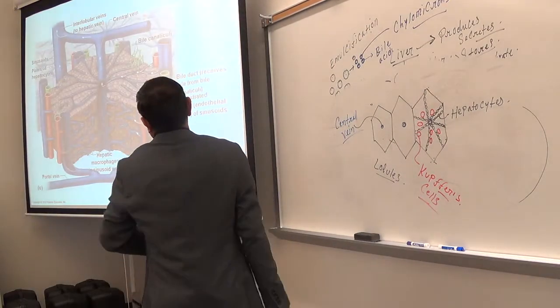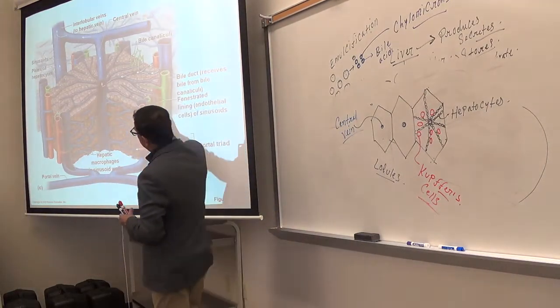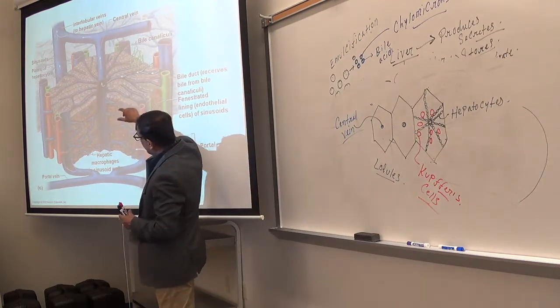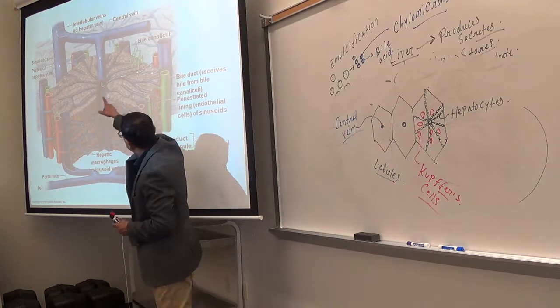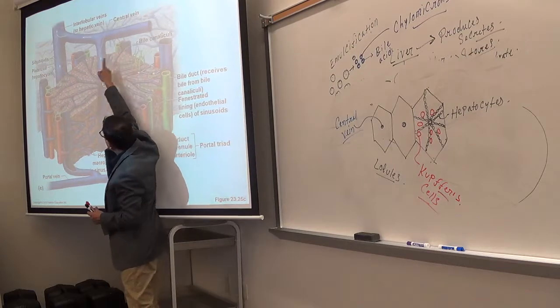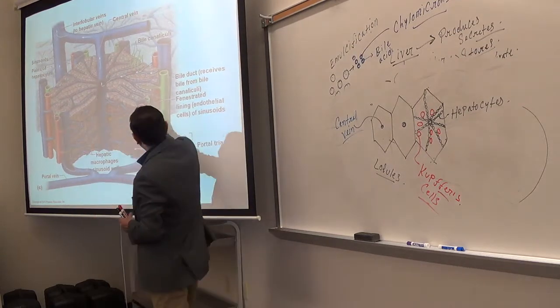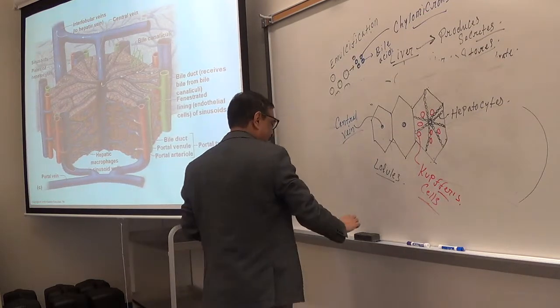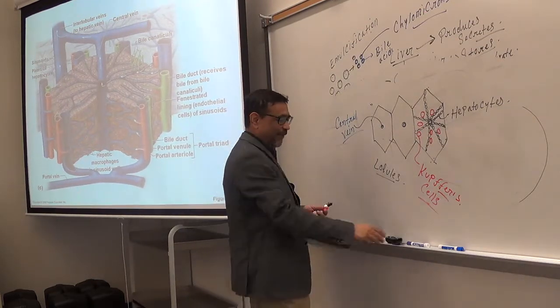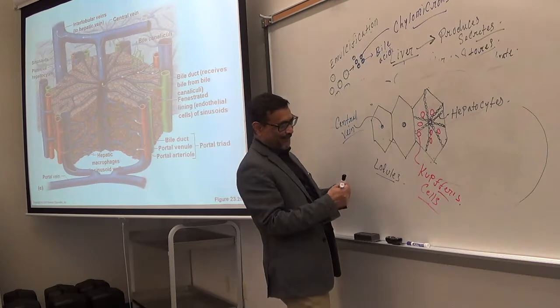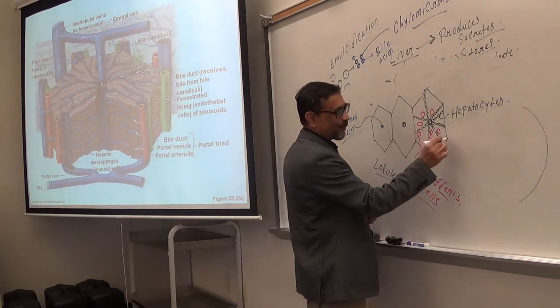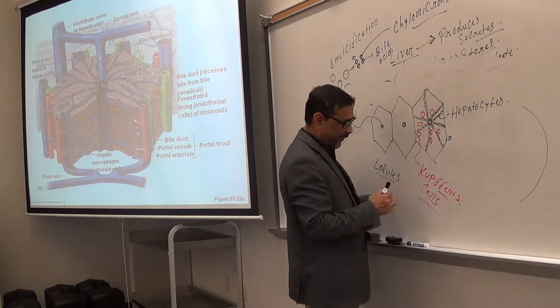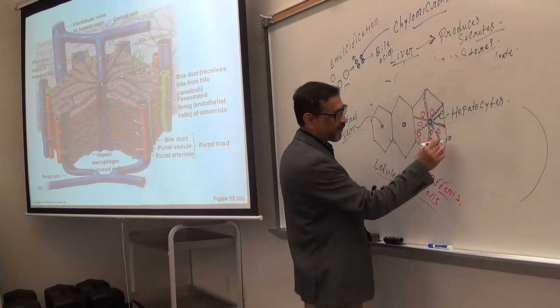Okay, so now this is a picture, not the real picture, of a lobule. So you see 6 corners, and in each corner you have 3 structures. You see how beautifully everything is designed in your body.